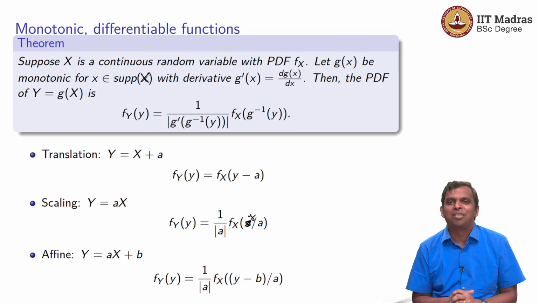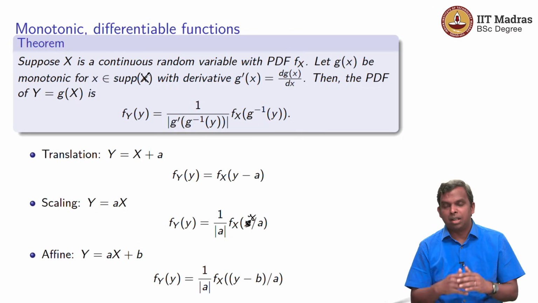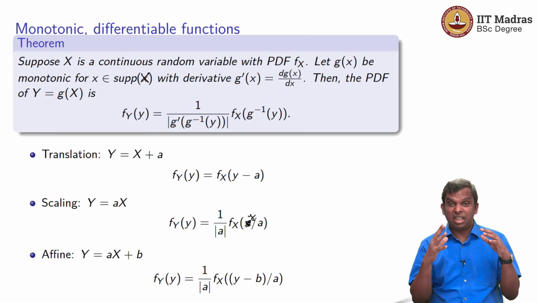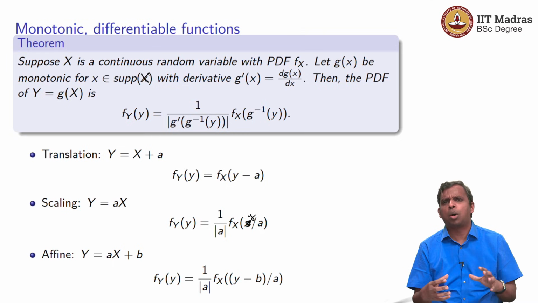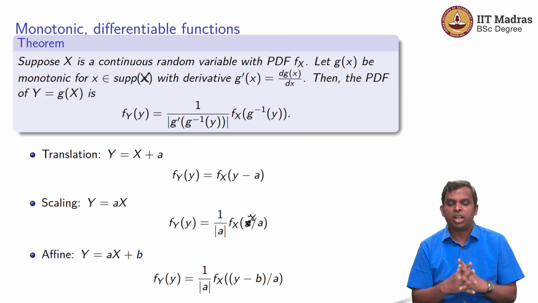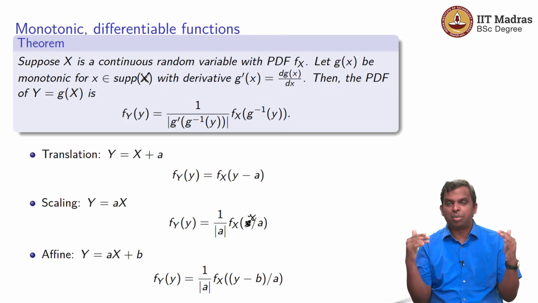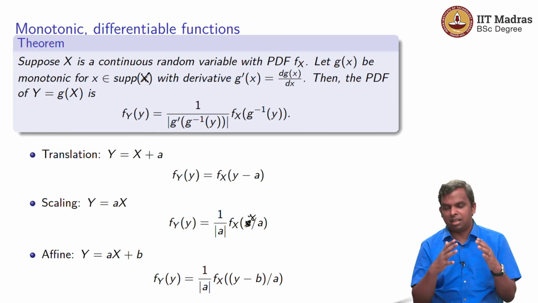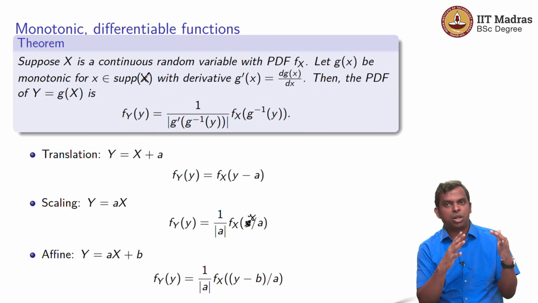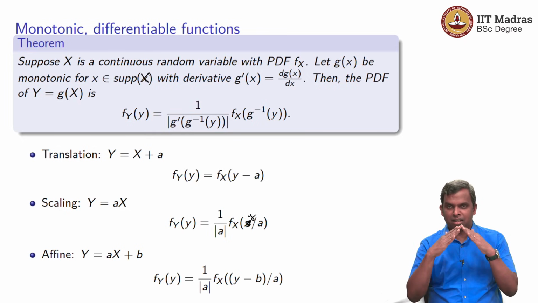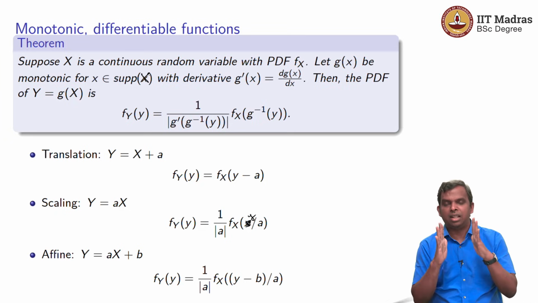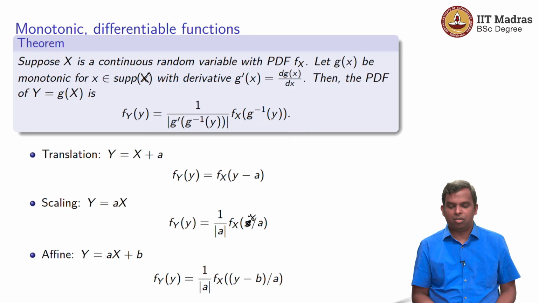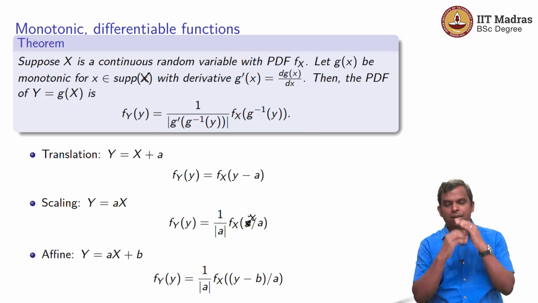That's what happens when you do an affine transformation. So given a distribution, you should be able to easily visualize what happens under affine transformations. Affine transformations are very common, and this monotonic differentiable function method directly gives you what happens to the PDF when you do an affine transformation. Translations just move the PDF around. Scaling either scales it down and spreads it out, or shrinks it and increases the value of the PDF.